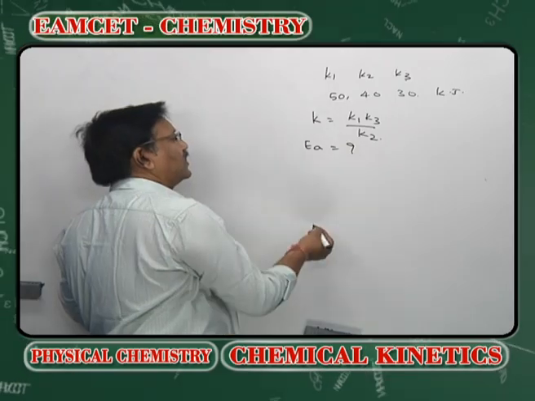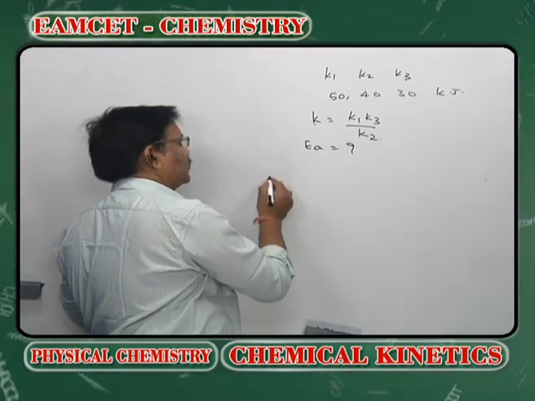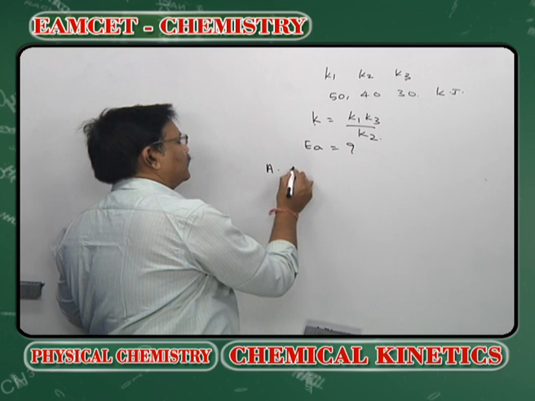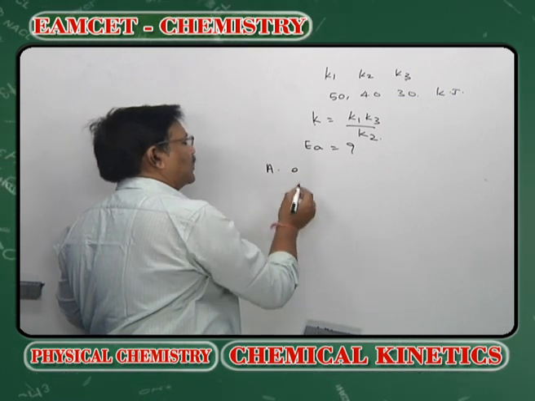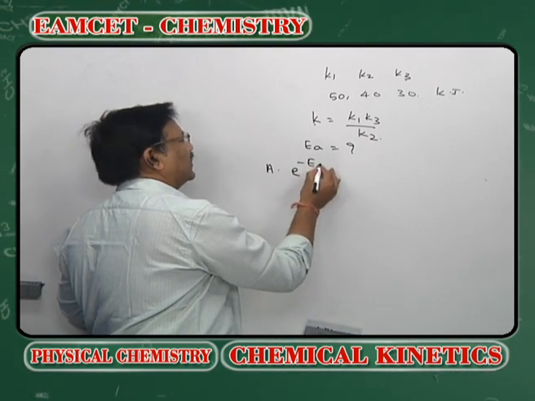So now we will take the expression K is equal to A into e to the power of minus EA by RT.